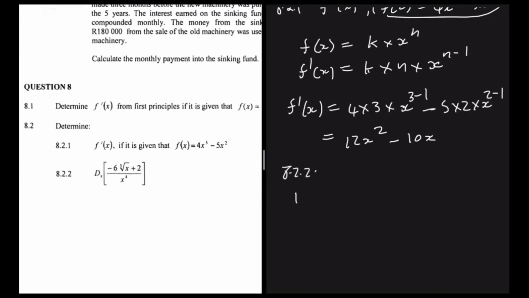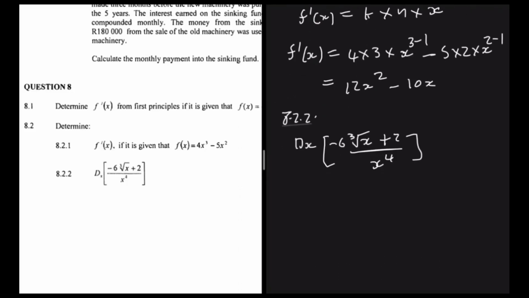8.2.2 says find the derivative of minus, let me just write down that whole thing, divided by x to the power of 4, right? And then what you want to do is write it in our standard format such that you can use the power rule.